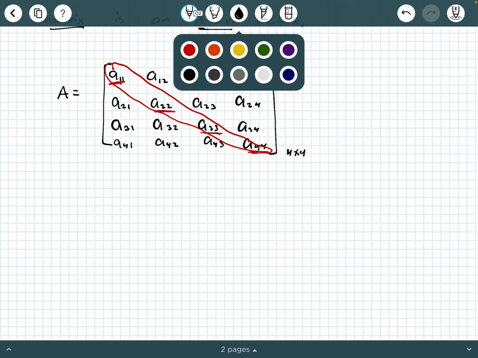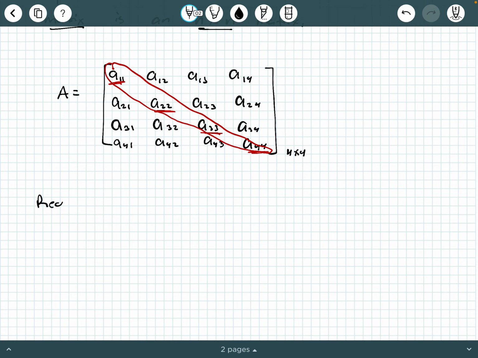Now we have another term that's called reduced row echelon form. What is reduced row echelon form?